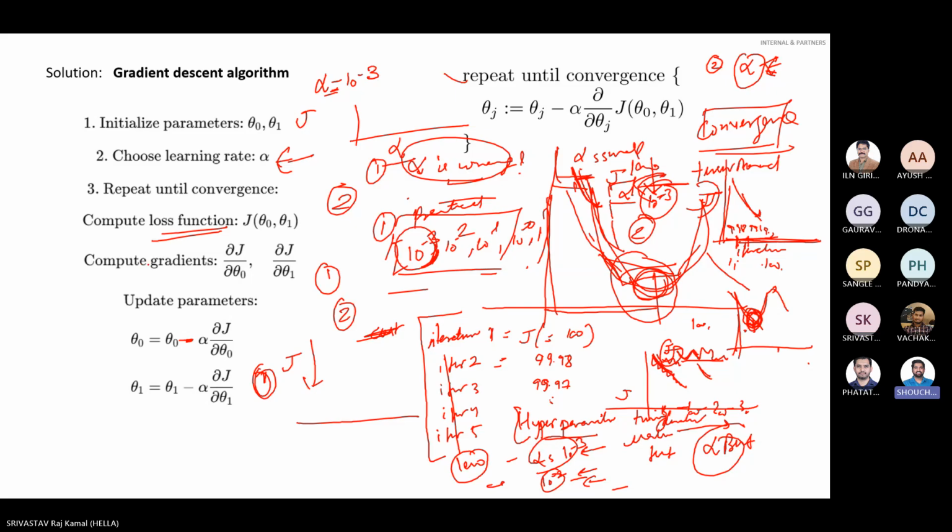So the steps we are doing are, we are choosing first alpha, let's say 10 raised to minus 3, and then we are trying to find the curve of the gradient so that we can find the local minima, right?